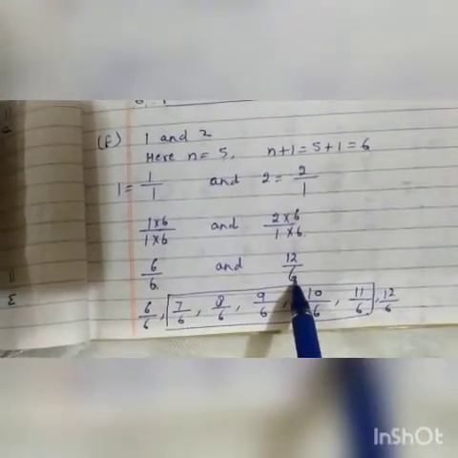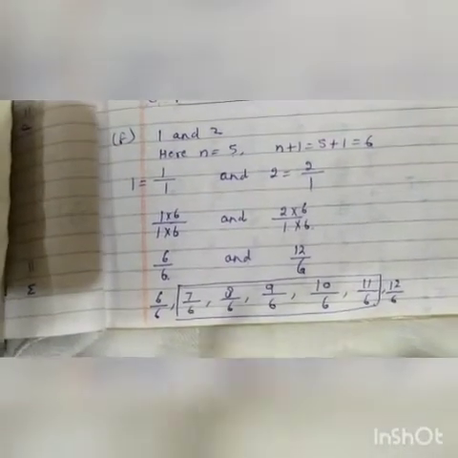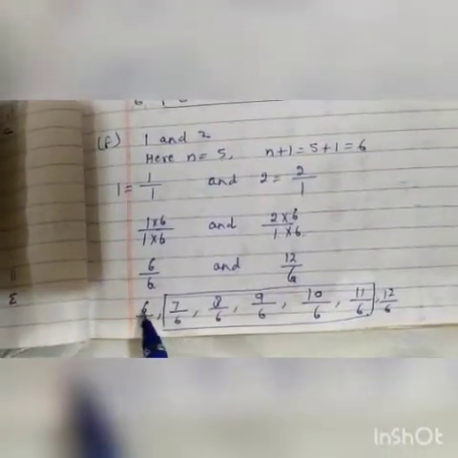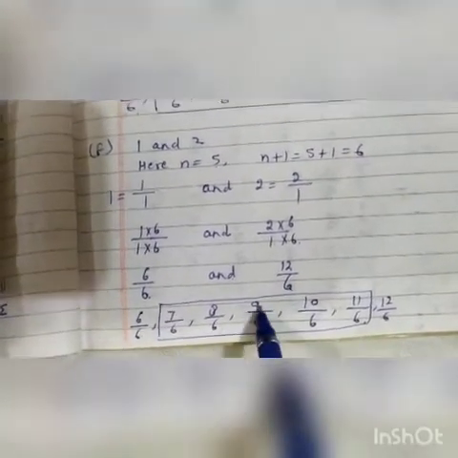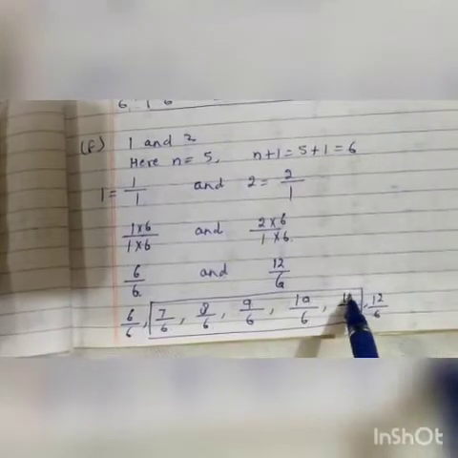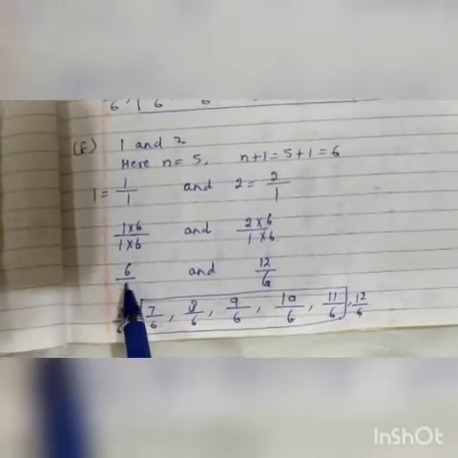Now both the denominators are the same. Again we will write 5 rational numbers between 6 upon 6 and 12 upon 6. It will be 6 upon 6, 7 upon 6, 8 upon 6, 9 upon 6, 10 upon 6, 11 upon 6, 12 upon 6. Students, it is very easy.